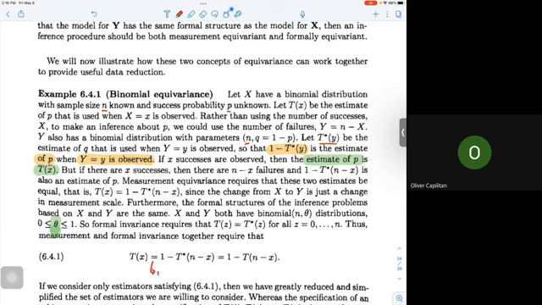We apply here the measurement equivariance. And then the next equality here, we apply the formal invariance.